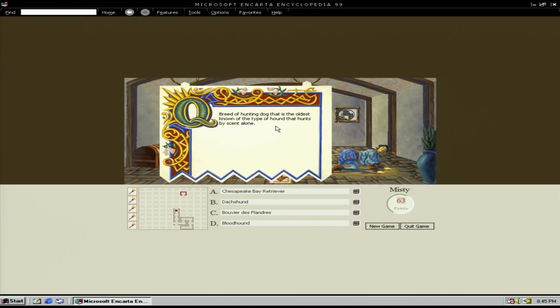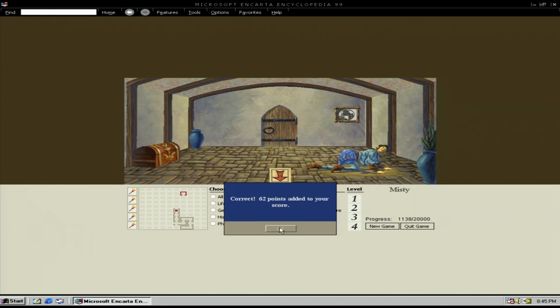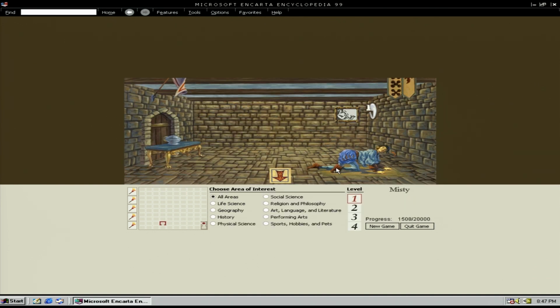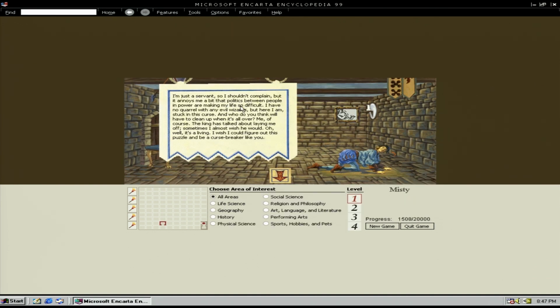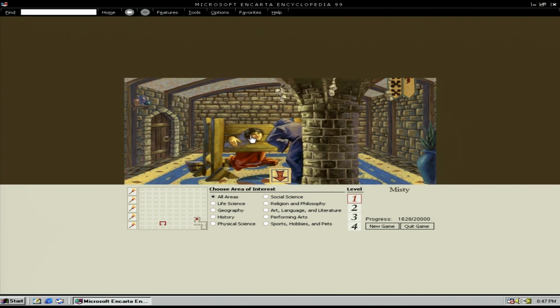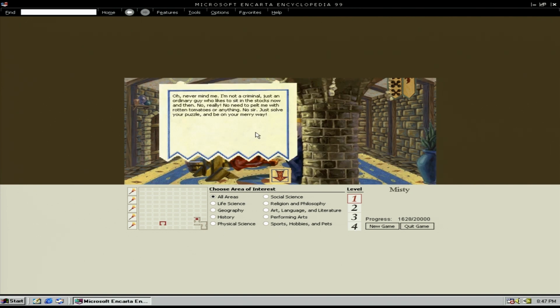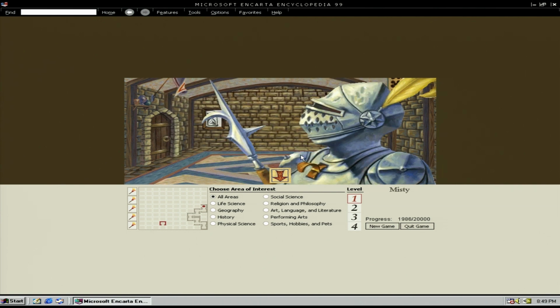When we were doing Encarta back in the day, we had no telemetry on which features were most frequently used.